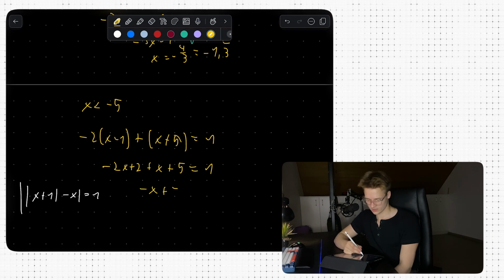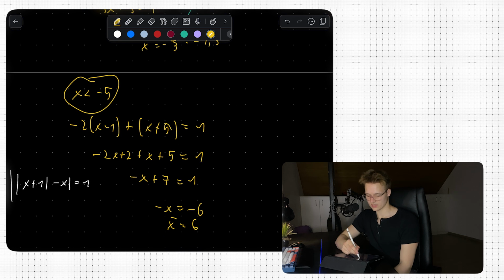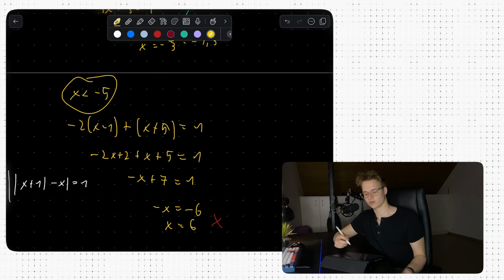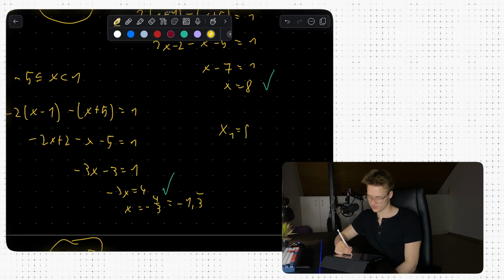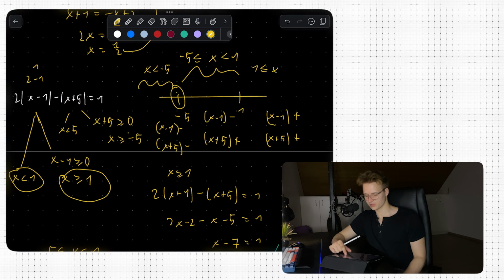Minus x plus 7 is equal to 1, minus x is equal to -6, x is equal to 6. So when x is less than -5, the only solution is x equals 6, which is incorrect, so that would not be an official solution. So the only two solutions we have are x1 is 8 and x2 is -4/3. These are the solutions that actually solve this equation.